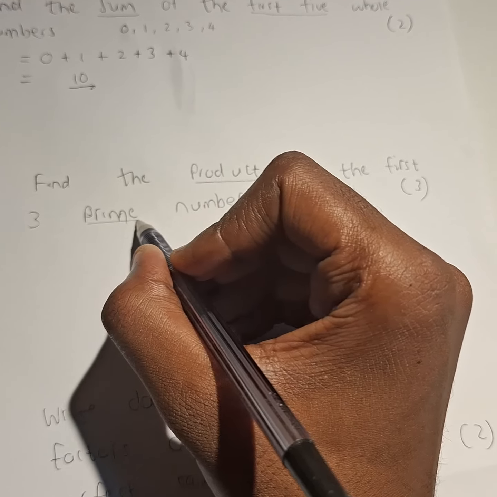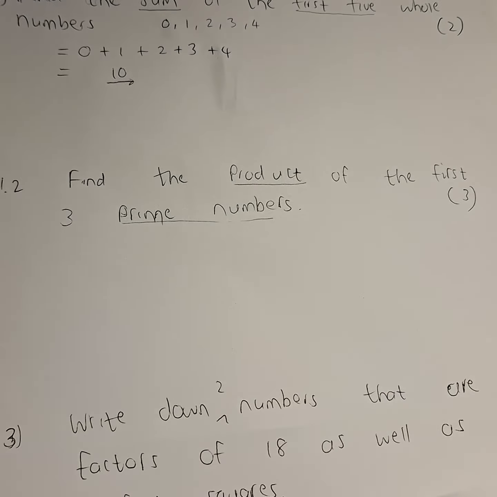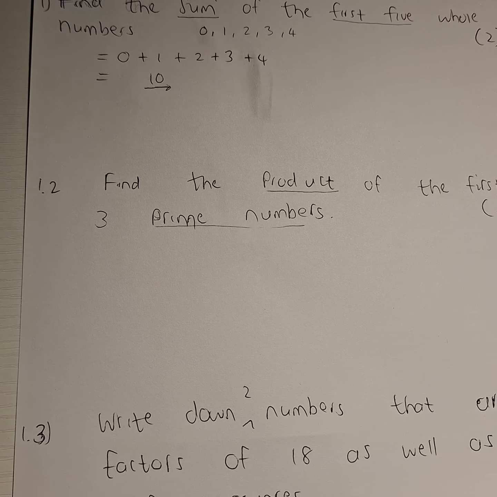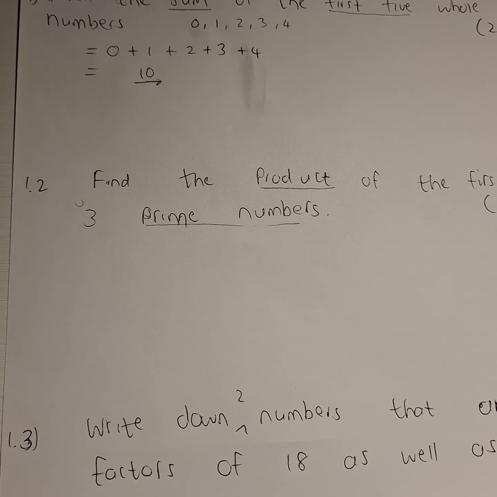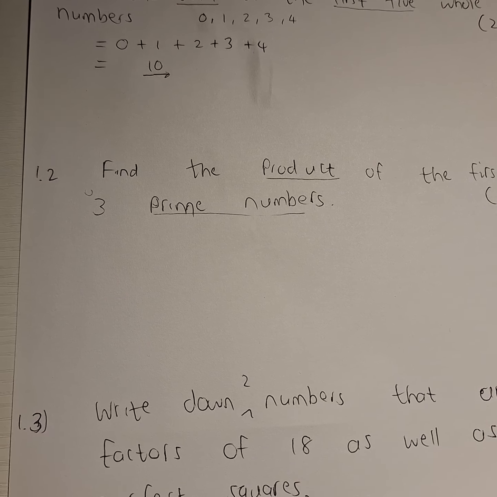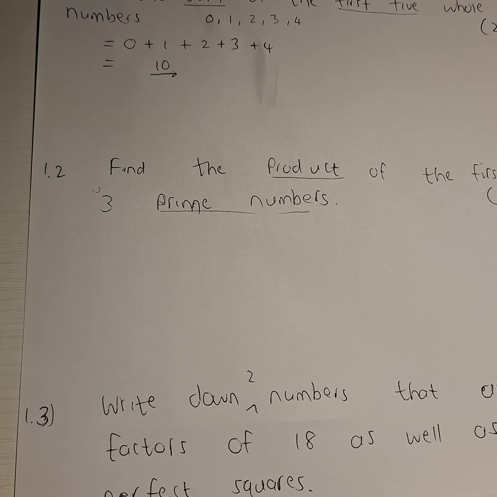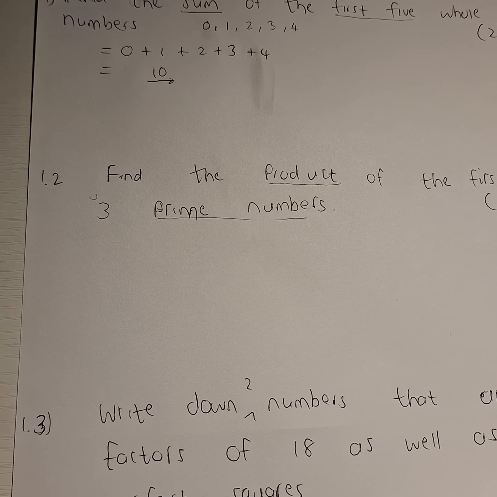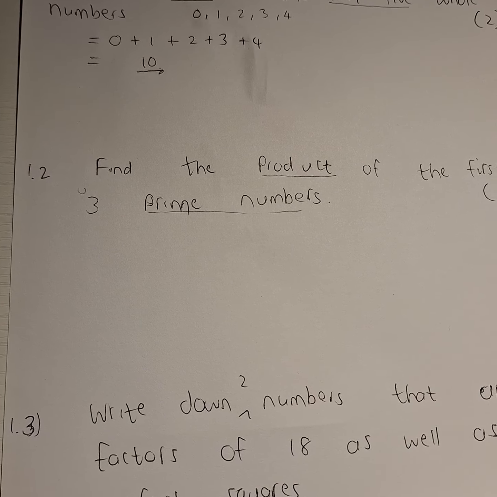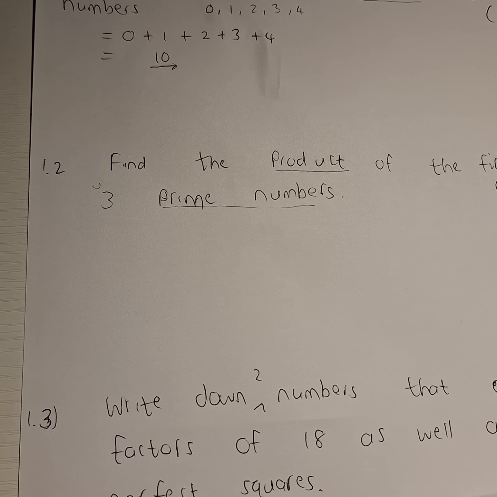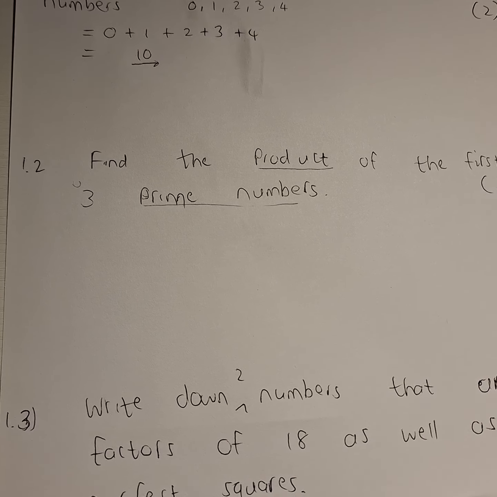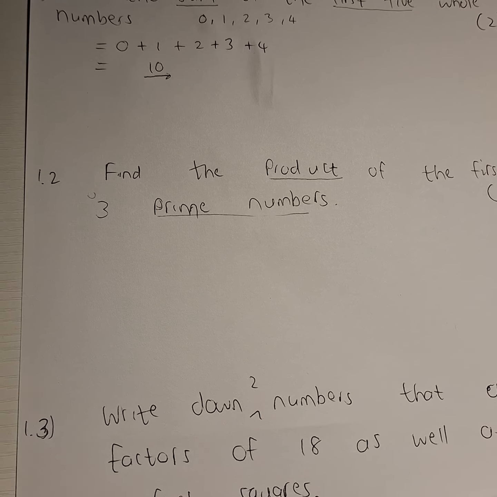What are prime numbers? Prime numbers are numbers that have only 2 factors. In other words, they are divisible by 2 numbers, and these numbers are 1 and that particular number you are referring to. Numbers that have 2 factors, 1 and itself.